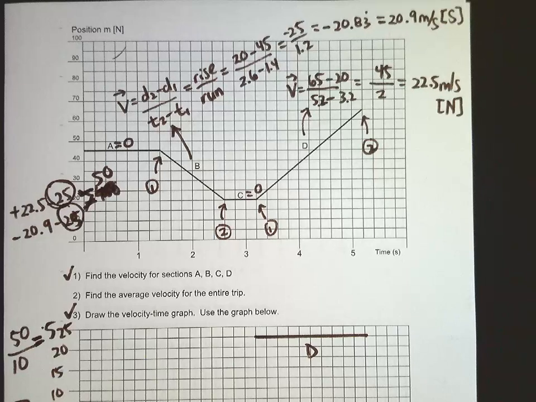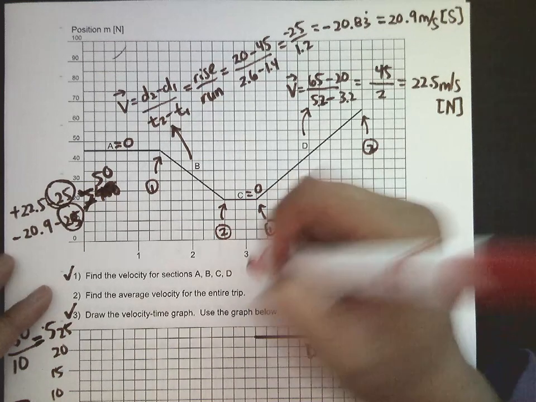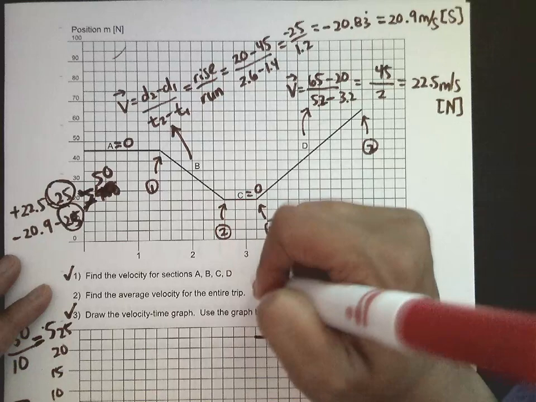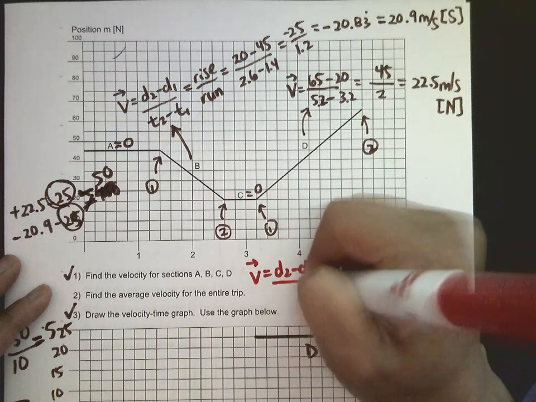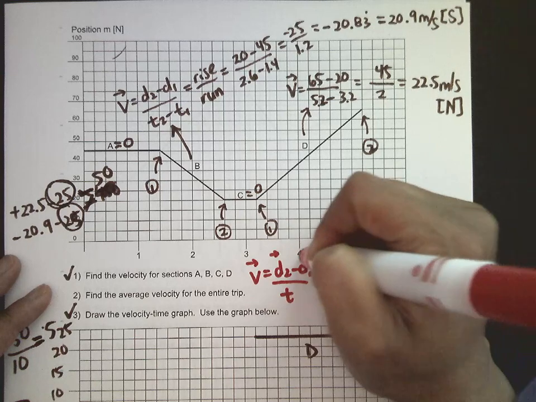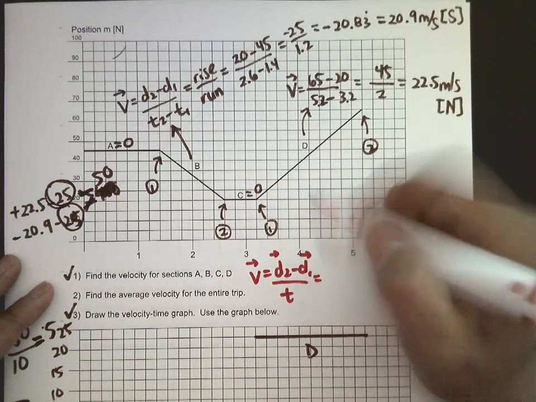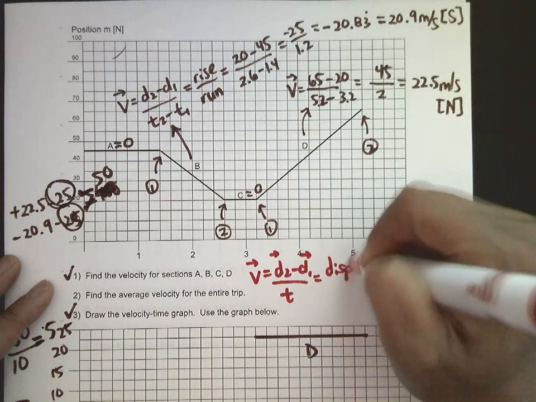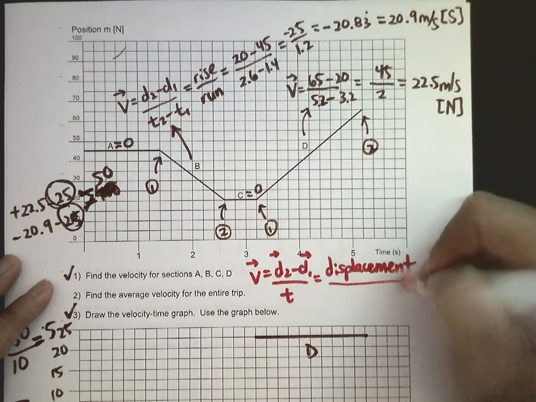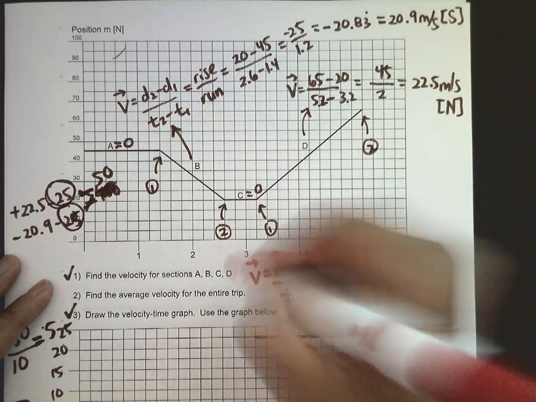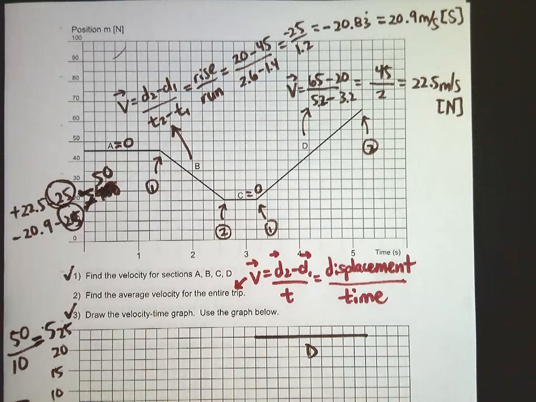Now, to find the average velocity for the entire trip, anybody remember the definition of average velocity? Well, remember, it is going to be d2 minus d1 over time. So that is technically displacement over time. That's for question number 2.